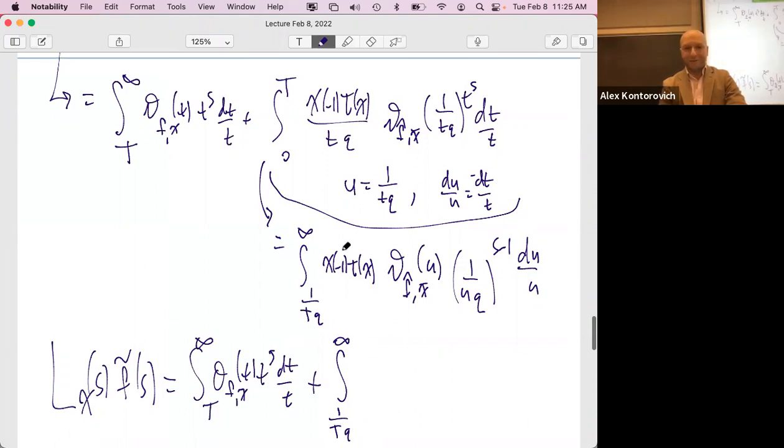But you don't actually have to do that if you don't want. Chi of -1 tau of chi, the theta function for f hat chi bar of, should I go back to t as my dummy variable in case I want to combine those later? T to the 1 minus s, and there's a factor of q to the 1 minus s, and a dt over t.